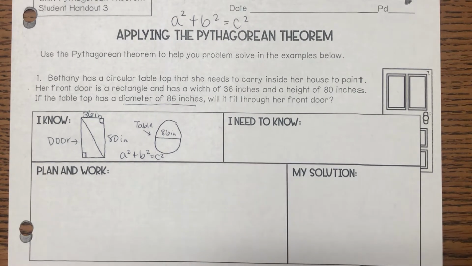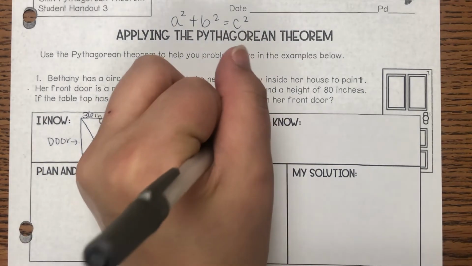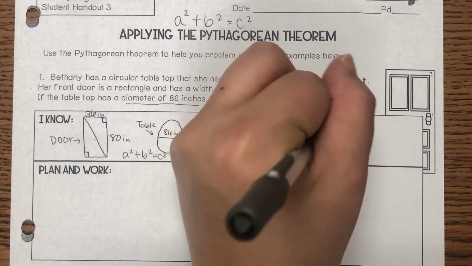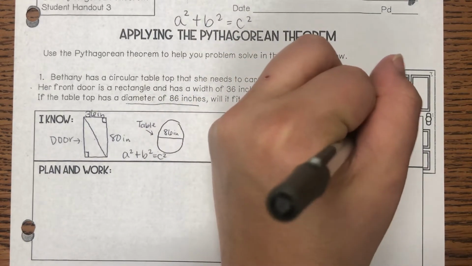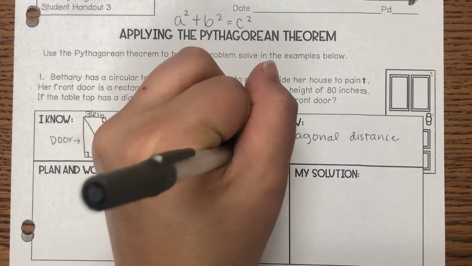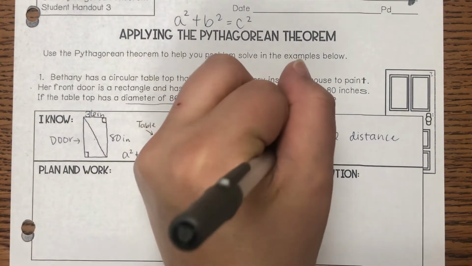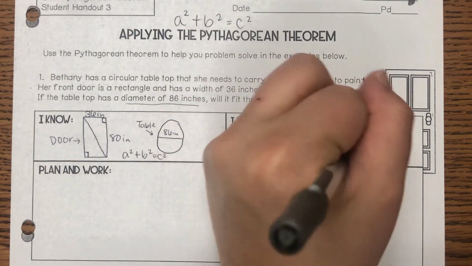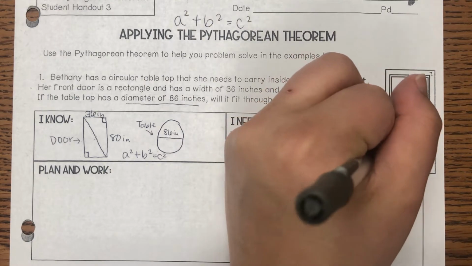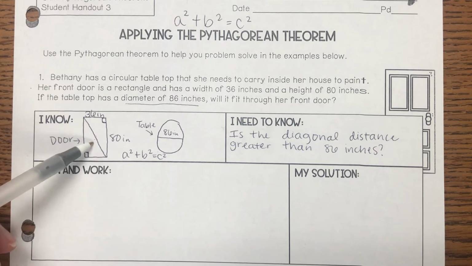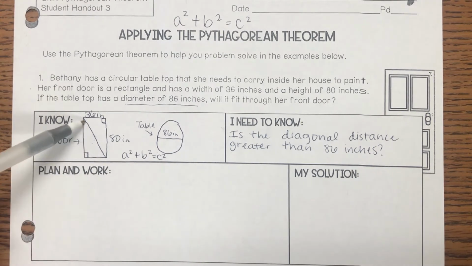I need to know, is the diagonal distance greater than 86 inches? So if this diagonal is greater than 86 inches, I can fit this table through that door. And if it is less than 86 inches, my table won't go through that door.